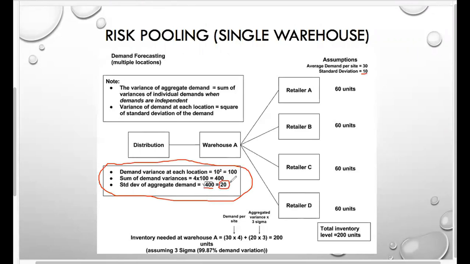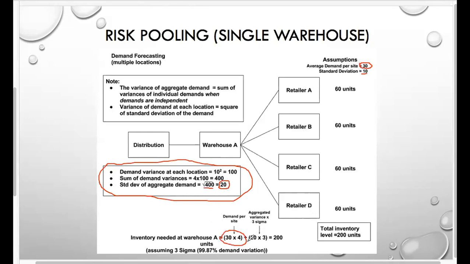Okay? So now, the aggregated variance, so the inventory that is needed at the warehouse is still the 30 times 4, because we have 4 retailers and 30 each, which is from right here. But now we're going to aggregate the variance.